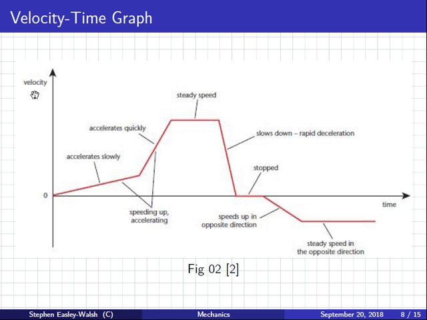Now, you get into the car, and you're at 0 at the beginning, not moving, and then you accelerate slowly. This means you get faster and faster, but very slowly. So maybe you're driving on a slow road. Then what happens here? What do you think happened in the car here?